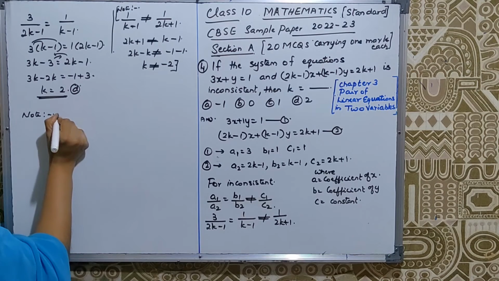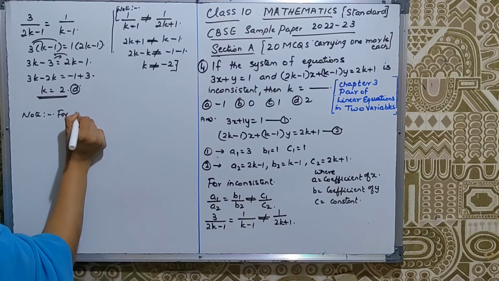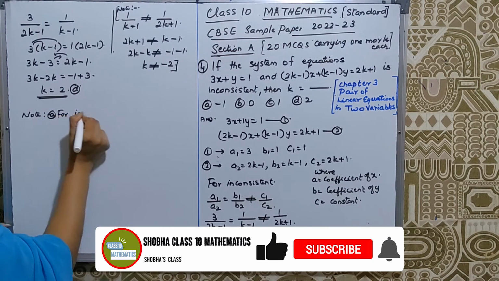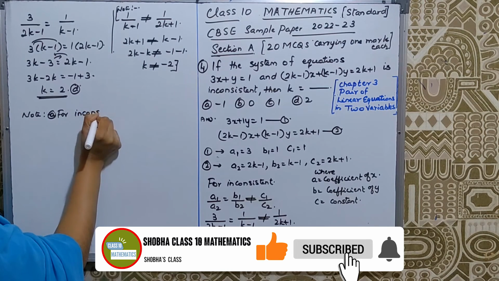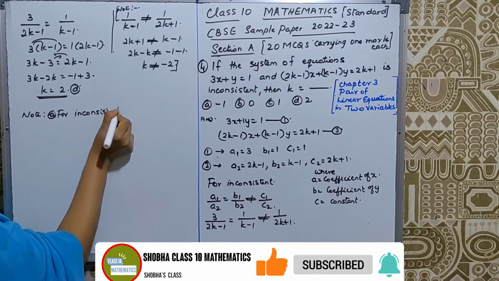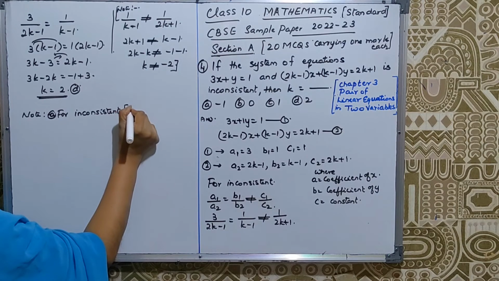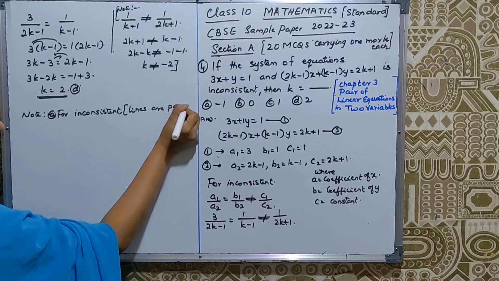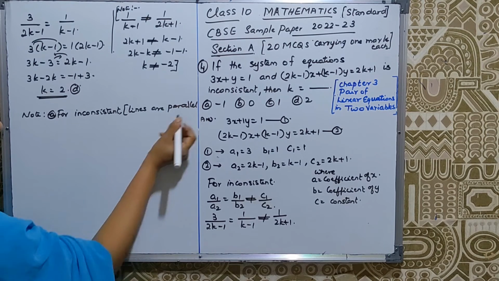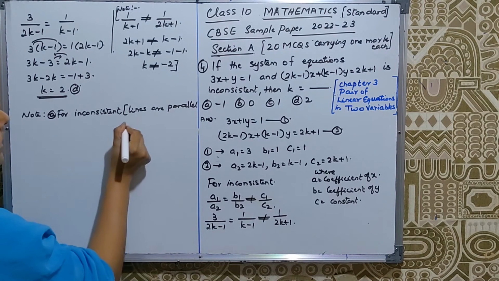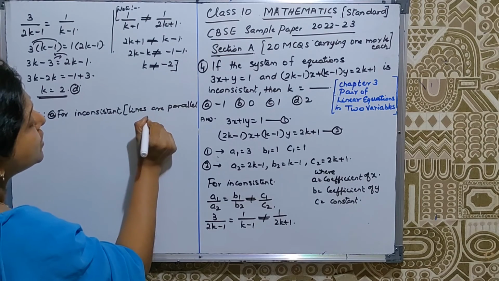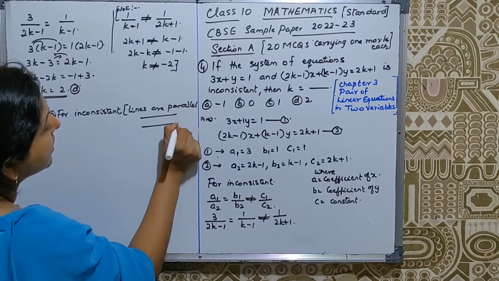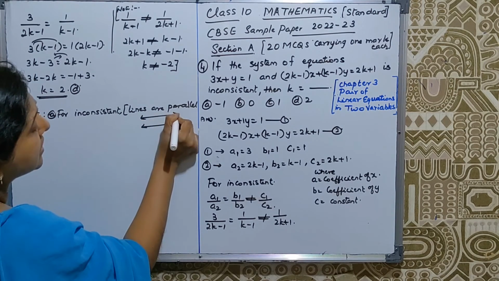One more thing I'll give you. For inconsistent, other names are: lines are parallel, and if it is a graph, you will get two parallel lines at equal distance from each other.